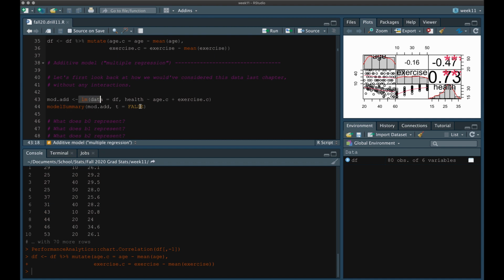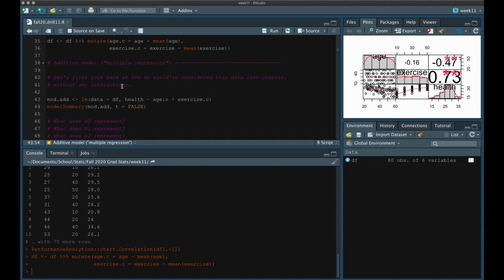Don't read this as LM data equals DF health tilde age C plus exercise C. Instead, read this as a linear model from the DF data frame, and its health regressed on centered age and centered exercise, or health predicted by centered age and centered exercise. And just know regressed on and predicted by are synonymous.